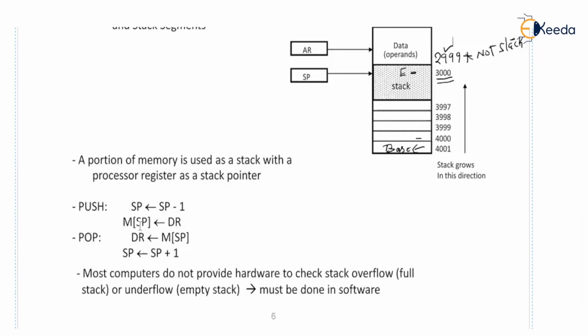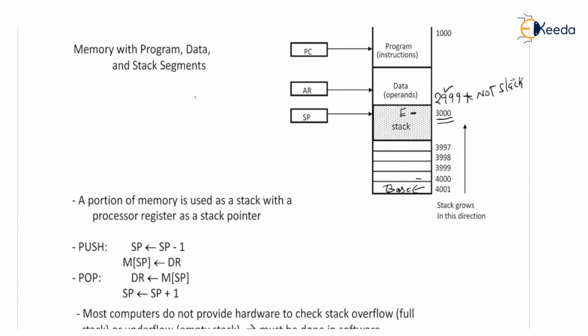Okay. So now, when you perform SP equals SP minus 1, every time you need to check if SP equals 2999. If SP equals 2999, that means it is crossing the boundary, right?